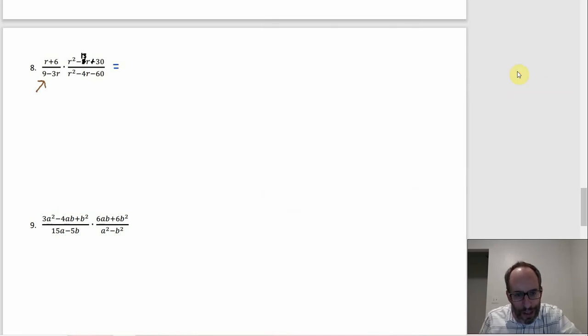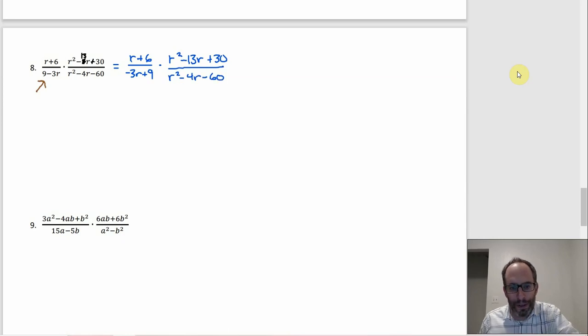I would rewrite that as negative 3r plus 9, so it's in standard form with the degree 1 term before the degree 0 term. And then times r squared minus 13r plus 30 over r squared minus 4r minus 60.